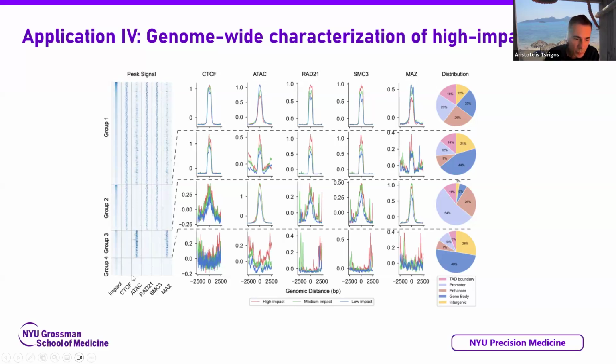And then there's another group where you have very high accessibility actually, but instead of having CTCF and cohesin binding, you have the MAZ protein binding, which again points to new biology. And actually a few papers came out recently discussing the role of MAZ in chromatin organization. And then interestingly, there's another group of impactful elements where there's no accessibility, there's no cohesin or CTCF, there's no MAZ, but perhaps there are other factors.